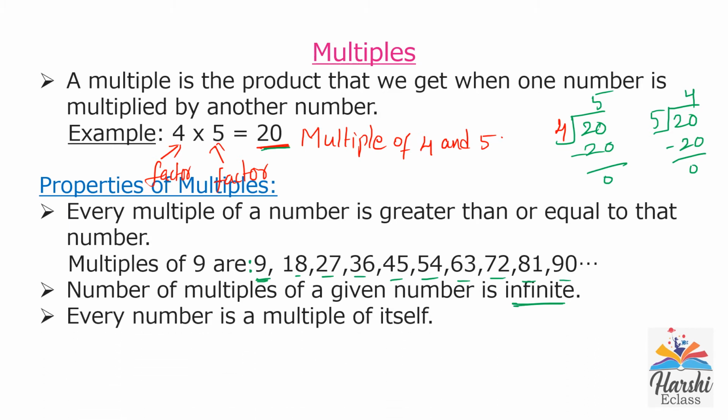Every number is a multiple of itself. When we multiply any number by 1, the first one we get is the number itself. 6 ones are 6. Here 6 is a multiple of number 6. Every number is a multiple of itself.